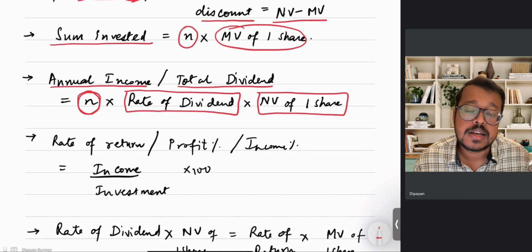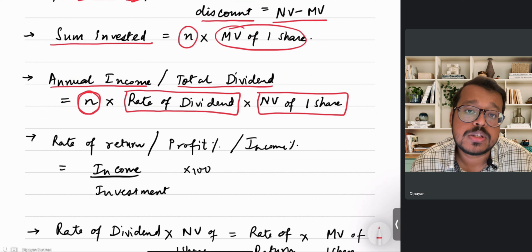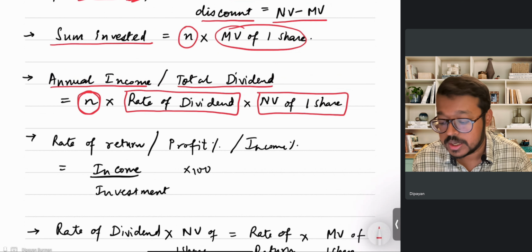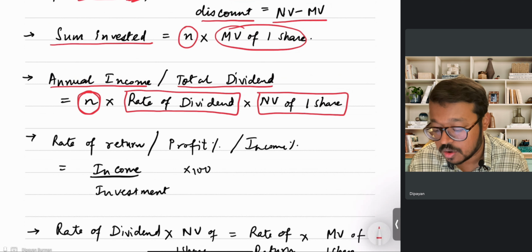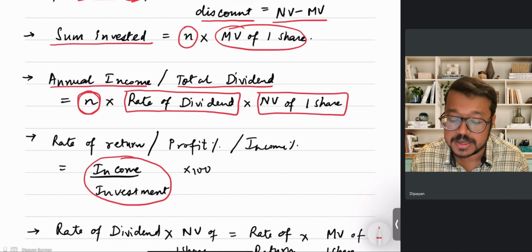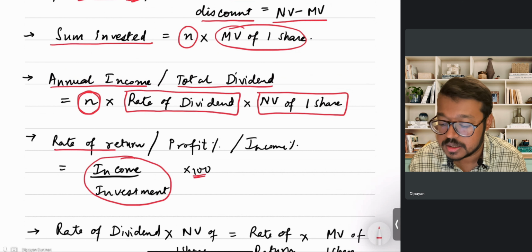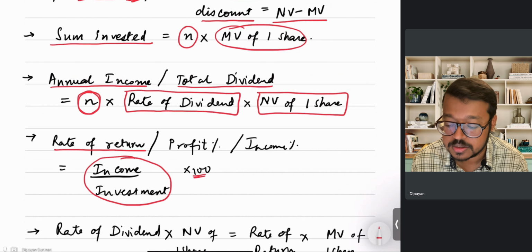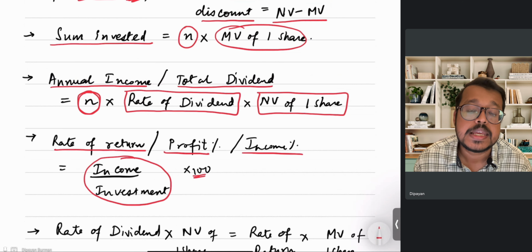To understand how much return or income was received compared to how much was invested to buy those shares, we can look at the ratio of income to investment. If I multiply this by 100, that becomes the return percent, or the rate of return, or the profit percent, or the income percent.